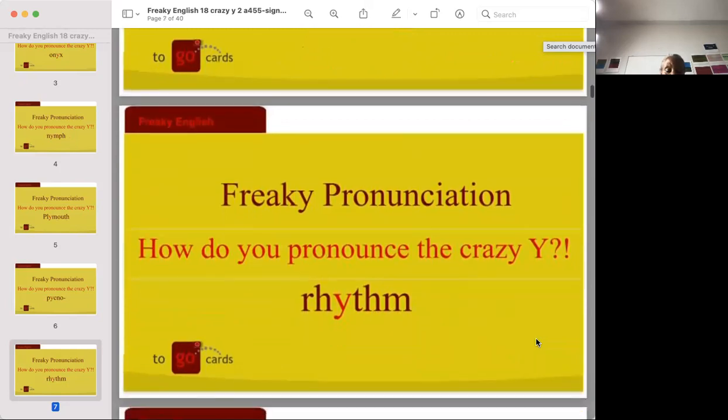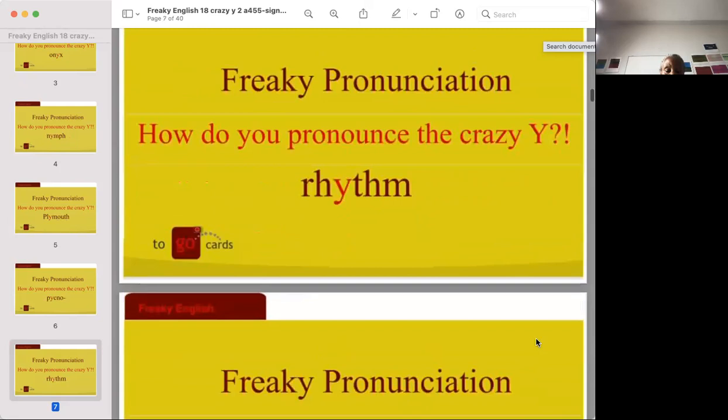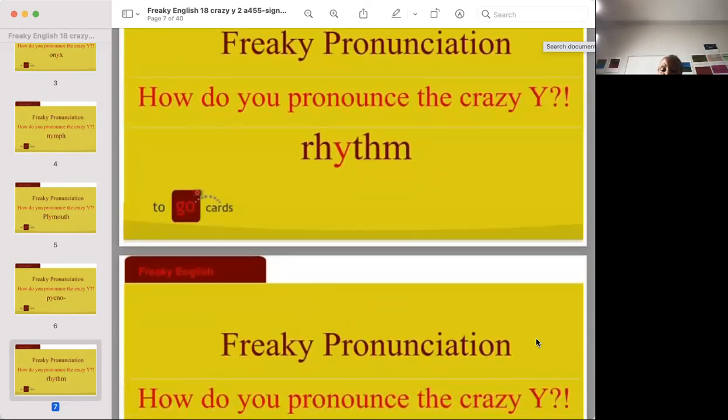Rhythm, not rhyme, rhythm, rhythm. Doesn't it look like there's no vowel in that word? So you know that the vowel is the Y, because there is no word in the English language without a vowel. Vowel comes from the word like vocal, like the voice.